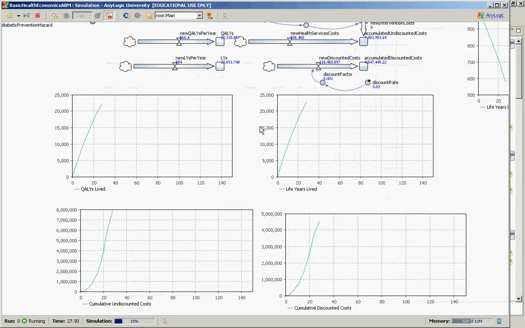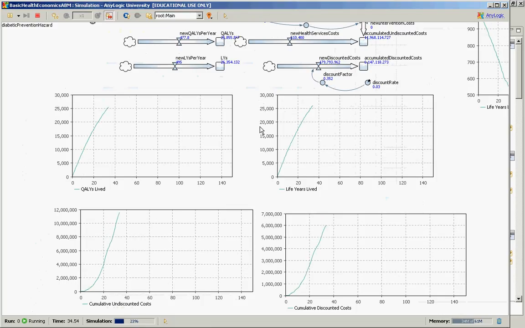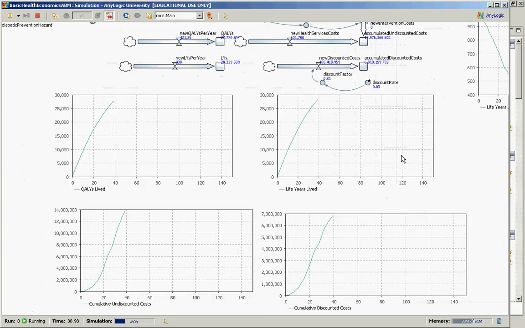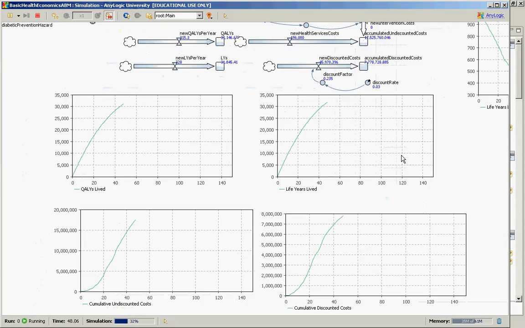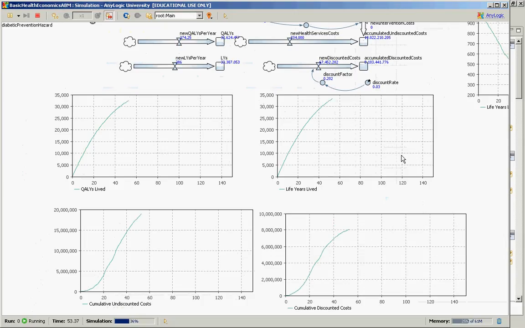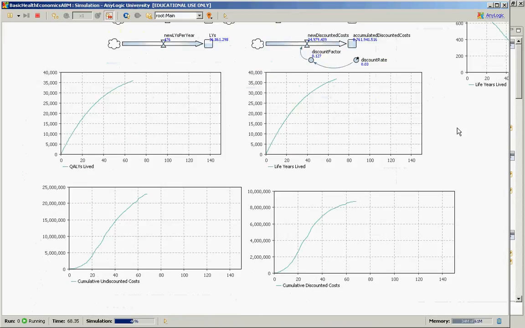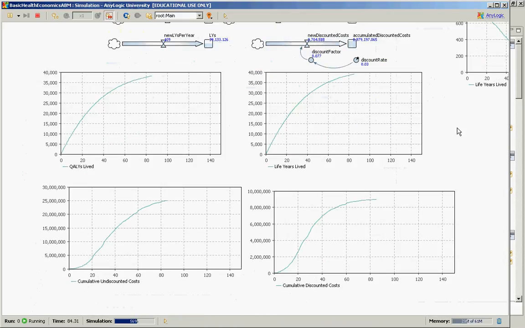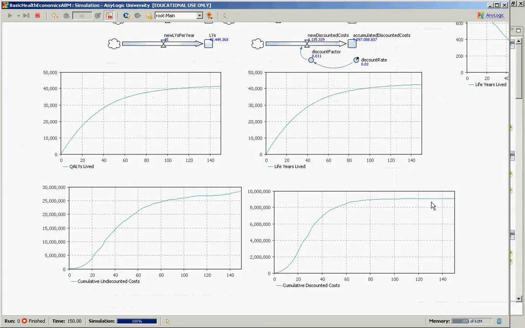As the population dwindles, once again, it's going faster. It's actually slower right now because it's calling to get the number of people in the population much more frequently. But you'll notice we're seeing the same upper about 9 something million in cumulative discounted costs, and quality adjusted life years lived is maybe about 42, something like that.